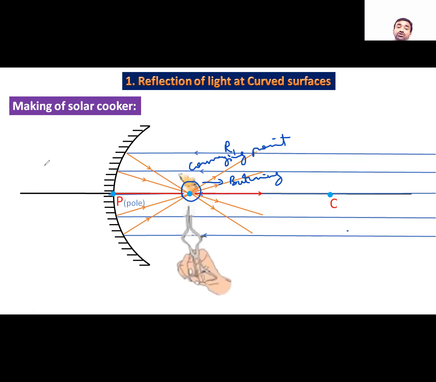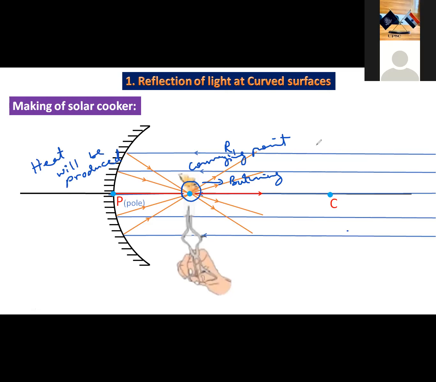Heat will be produced. Because of what? Converging point or diverging point? Because of the converging point. Right. If you place any object here, it will get heated.